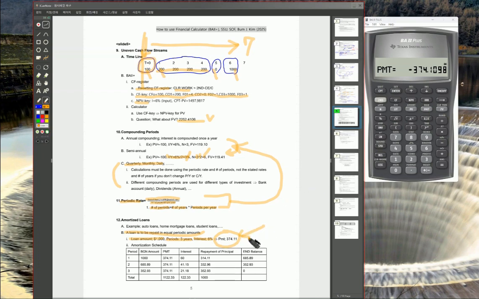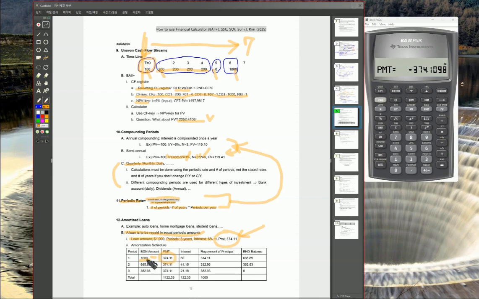Okay, so the thing you should understand here is the amortization schedule: your payment of 374 is a sum of interest and repayment of principal. Let's look at the first year. You borrow $1,000 and you pay back $374.11. But among the $374.11, not all of it is interest, and not all of it is repayment of principal.